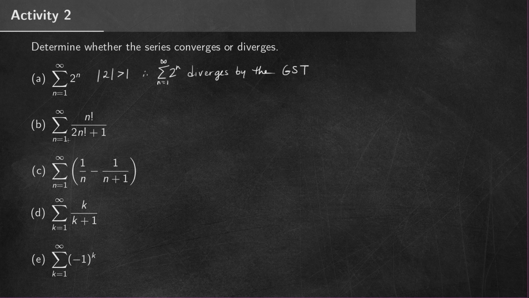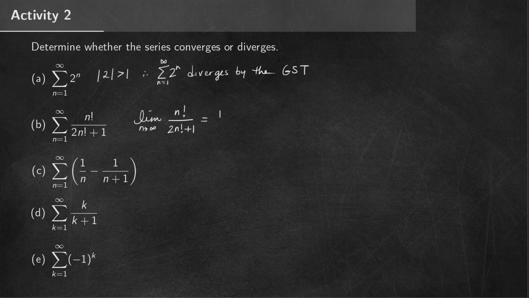Part B, we have the sum from n equals 1 to infinity, n factorial over 2 times n factorial plus 1. So I'm going to see what happens with the nth term test. And I do that by taking the limit of the nth term, n factorial over 2 times n factorial plus 1, as n approaches infinity.